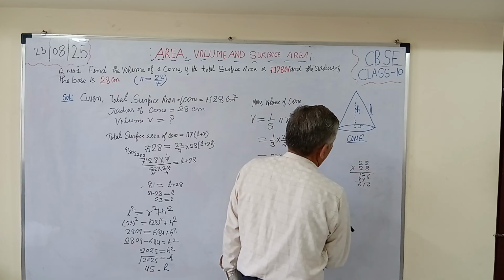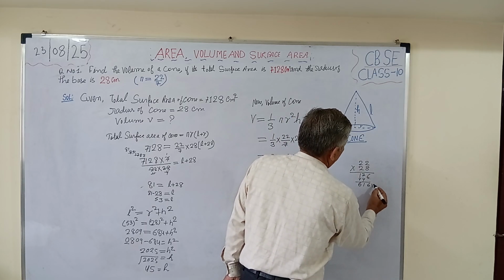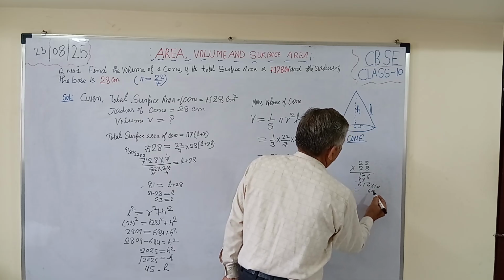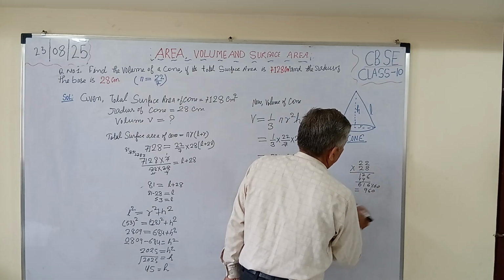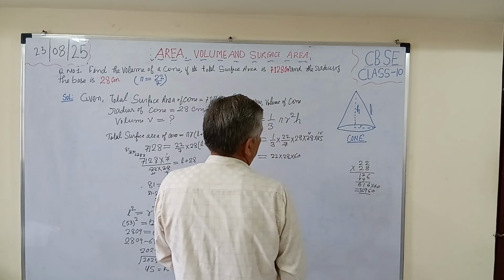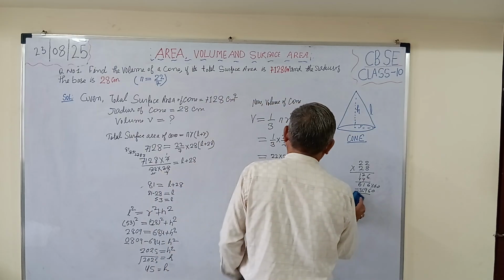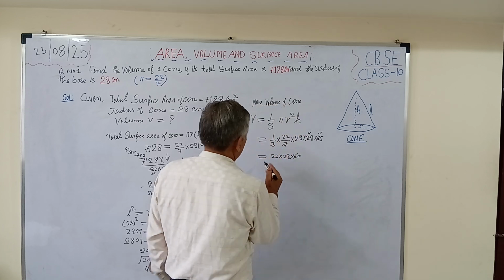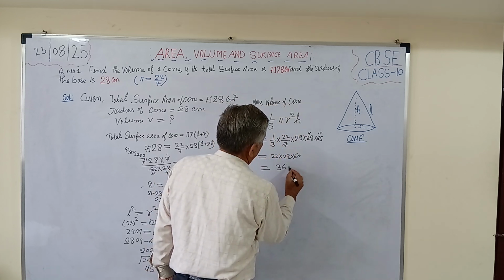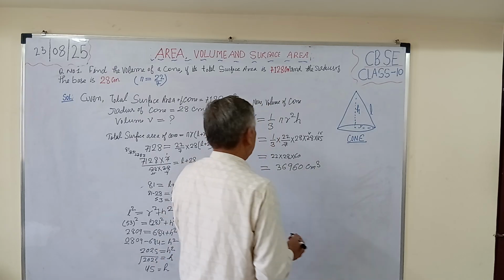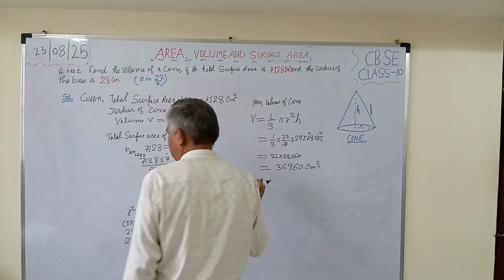So this is 616. 616 into 60 means 0, 6 6s are 36, 3, 6 1s are 6 plus 3, 9, 6 6s are 36. That means 36960. So once we multiply this, we will get 36960 centimeter cube. So this is the volume of the given cone.